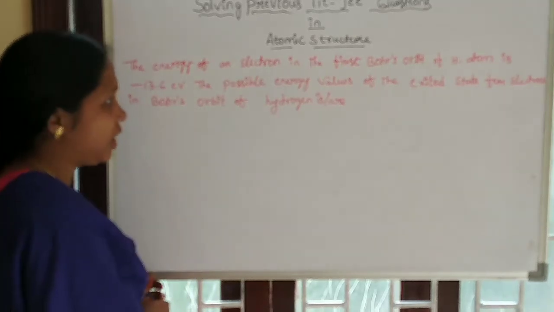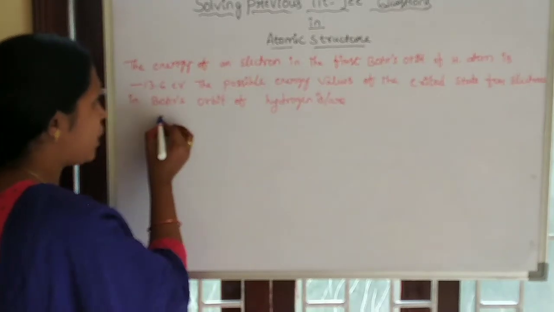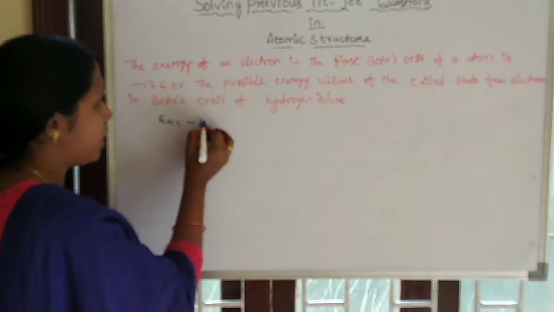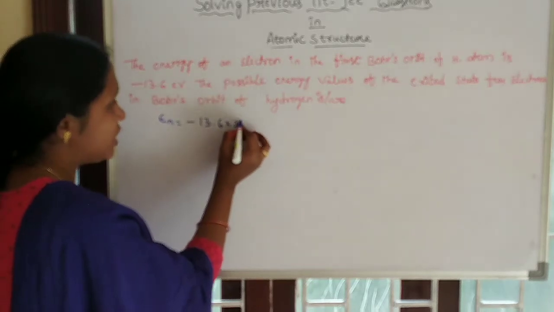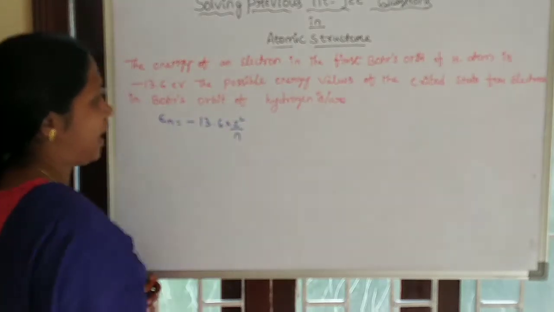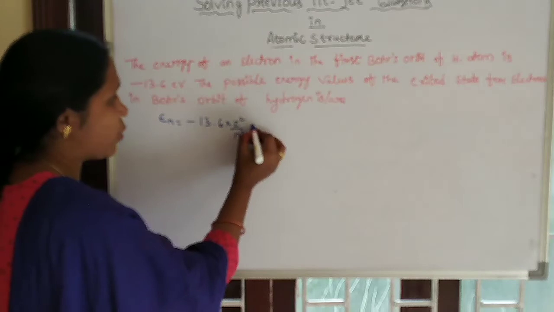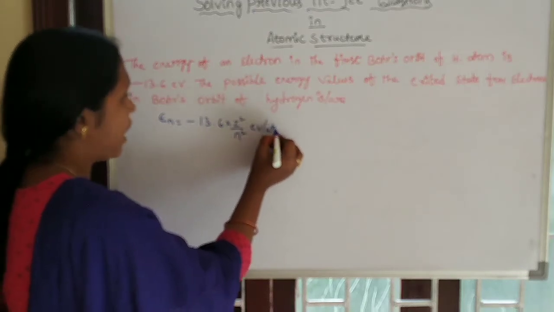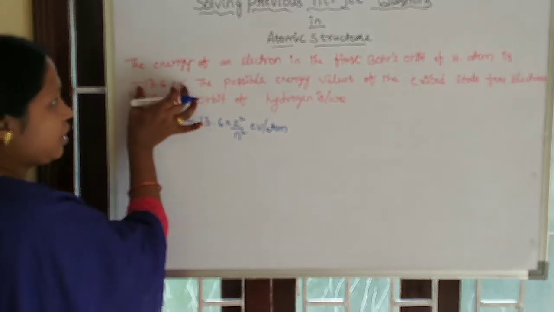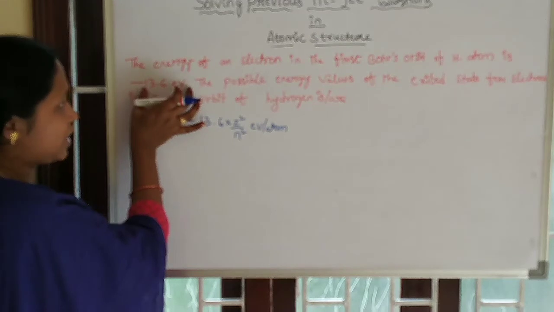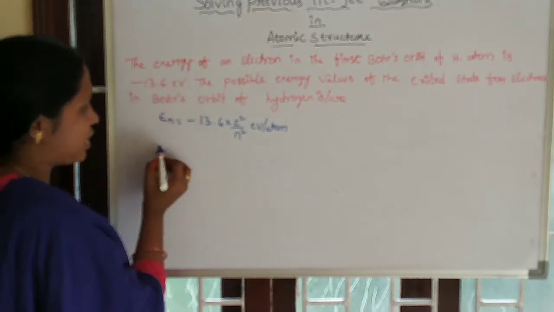Okay, see here, the energy of the nth orbit has a formula: En is equal to minus 13.6 into Z square by n square eV per atom. Here the given energy of the first Bohr orbit of hydrogen is minus 13.6.